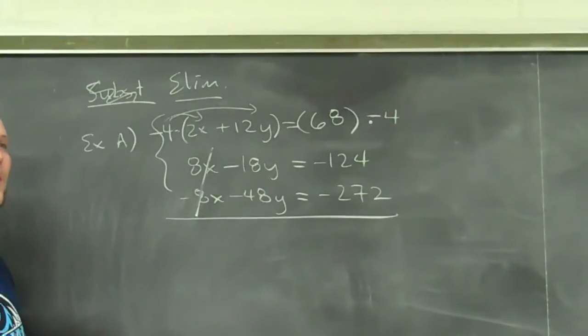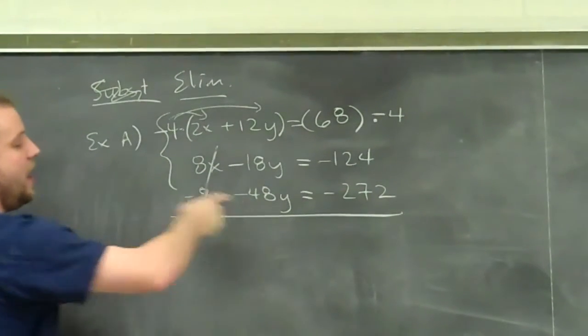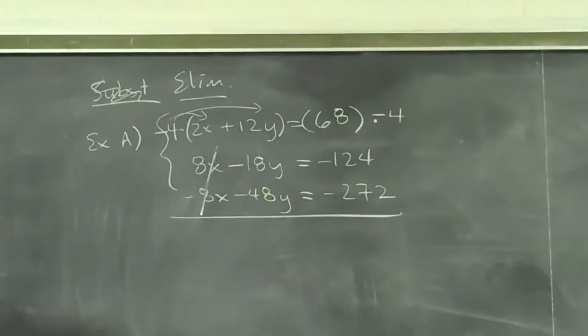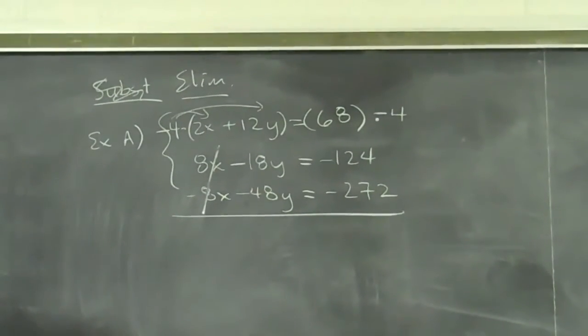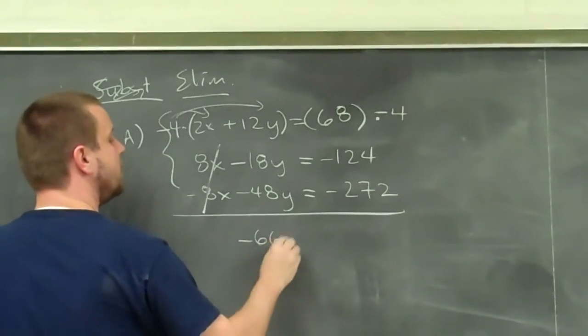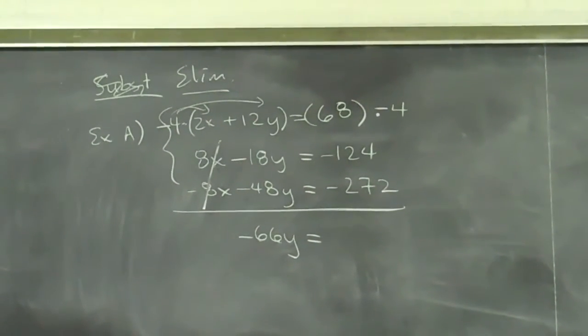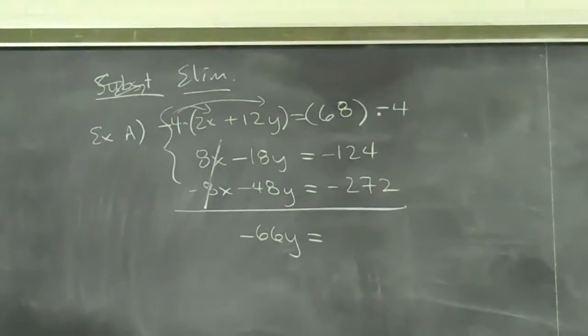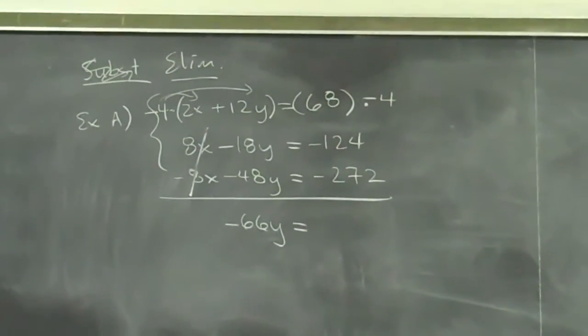X's drop out just like we hoped and dreamed they would. Negative 18y minus 48y is negative 66y, correct? See, that's what I was talking about earlier. You guys don't like talking to me. Yeah, negative 66.